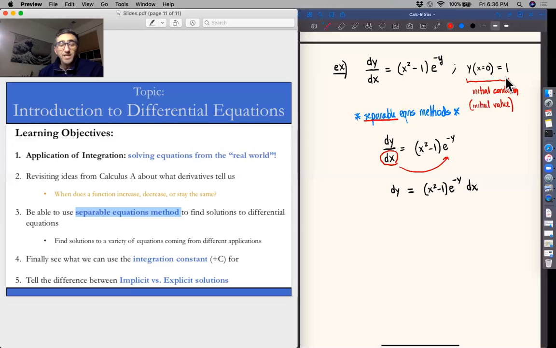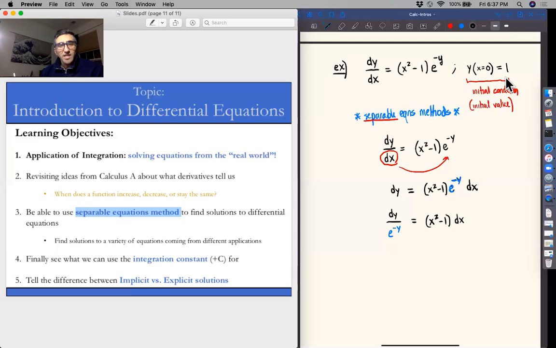Now, the next move we get to make is to ask ourselves, are all the y's on one side, and all the x's on the other side? Well, for us, we see that we have that one term involving y, that e to the minus y. So what we can do next is divide both sides by e to the minus y. And then that'll give us all the y information on the left side and all the x information on the right side.